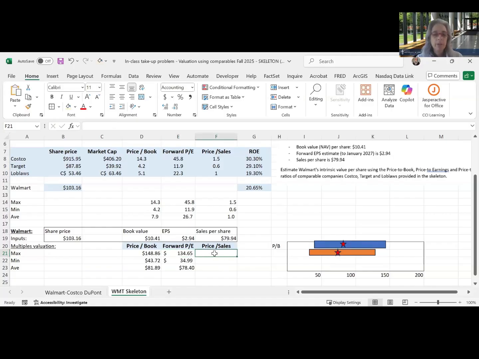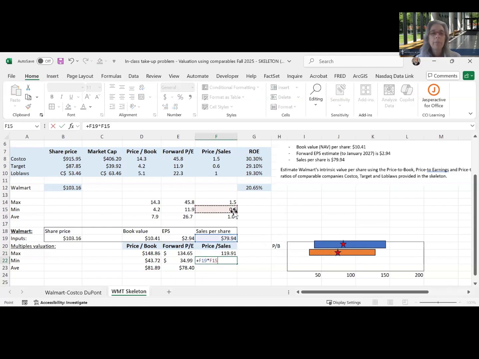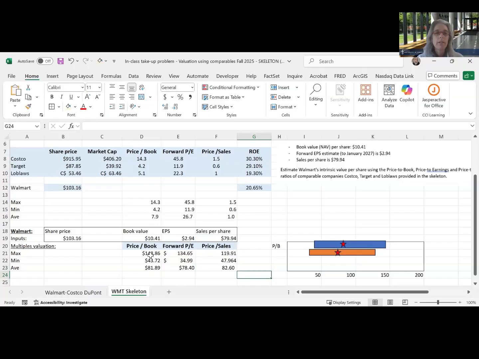Okay, then price to sales will do the same thing. Our sales per share is $80. Is it going to sell for 1.5 times, which will give me $190, or is it going to sell for $80 times 0.6 at the minimum, or is it going to sell for the average? Let's just make this all consistent formatting wise. And then we're going to do the same thing with price to sales.